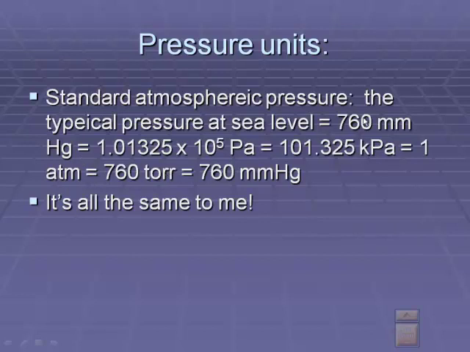So remember, millimeters of mercury is the same as torr. I just wanted to make sure you see that at the end. Here are all the unit conversions written out for you, and it's all the same to me. You guys just need to get really good at unit conversions with pressure, okay?